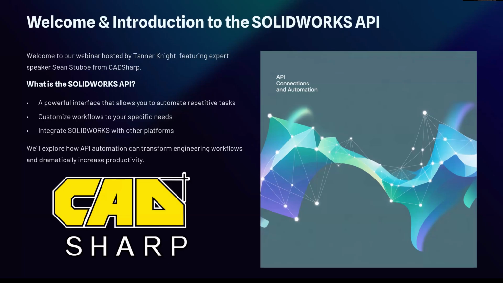But with a little bit of coaching, or even if you just say, can SOLIDWORKS do this, and bring it to CADSharp, they can go ahead and create you a button to actually do that. So the SOLIDWORKS API is a powerful interface that allows you to automate repetitive tasks, customize workflows to your specific needs, and integrate SOLIDWORKS with other platforms. So today we'll explore how API automation can transform engineering workflows and dramatically increase productivity.